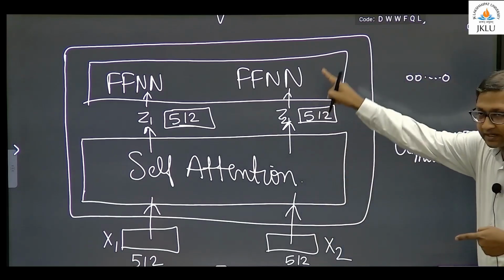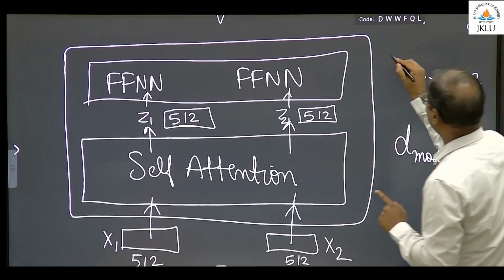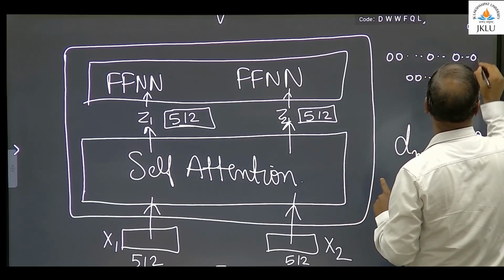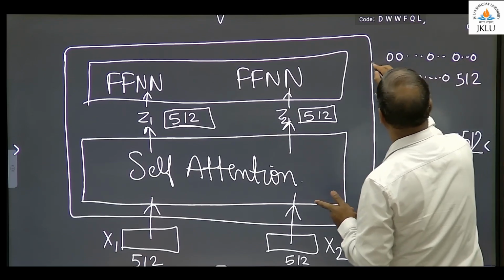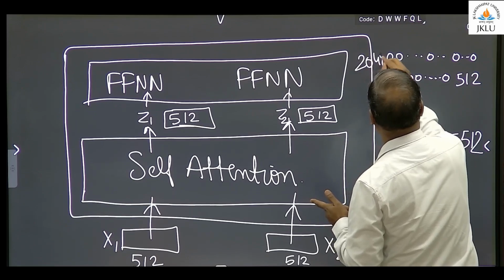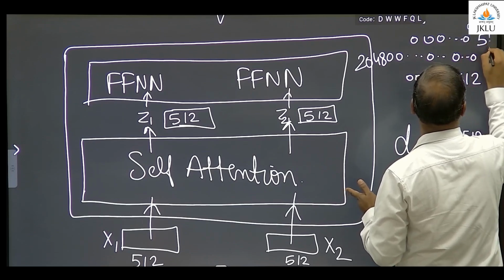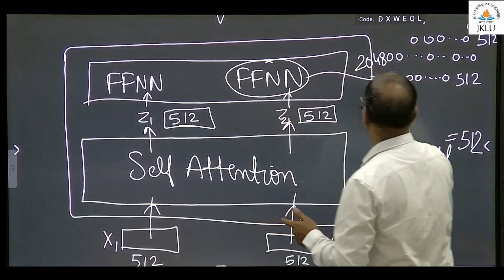How many numbers is it taking as input? 512. Then it upscales to 4 times 512, that is 2048, and then downscales or projects it again to 512. This is what every FFNN looks like.